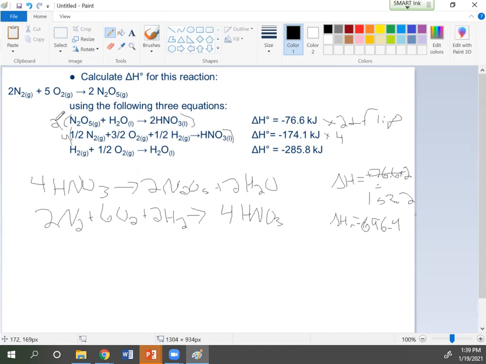Okay, third equation. This was the most difficult one, correct? What do you think you need to do to this one?